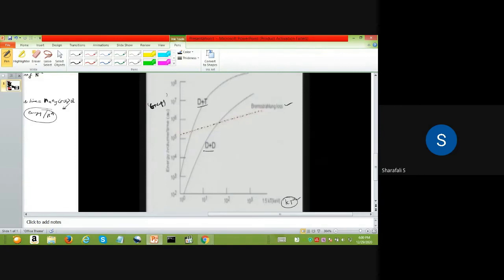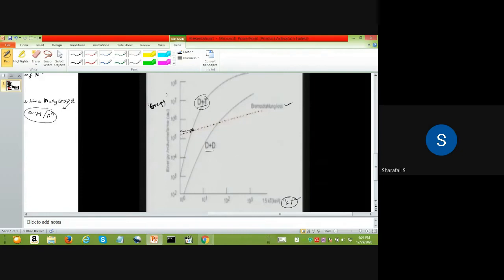Observing these two curves, we can see that the DT reaction will give you more energy. Let's say at this point, almost in between 10⁵ and 10⁶, this much energy it can give you. This is an arbitrary unit, so just compare these two. Don't take this as a very large energy.